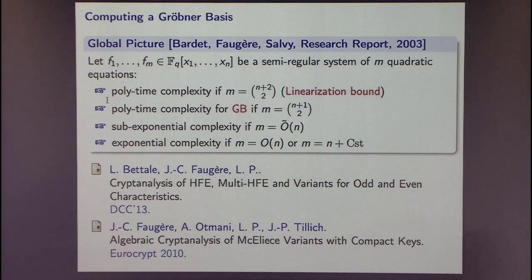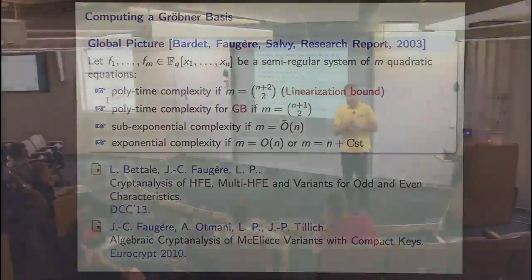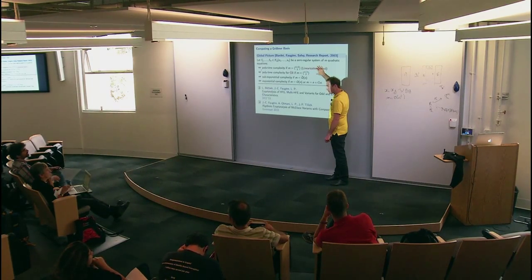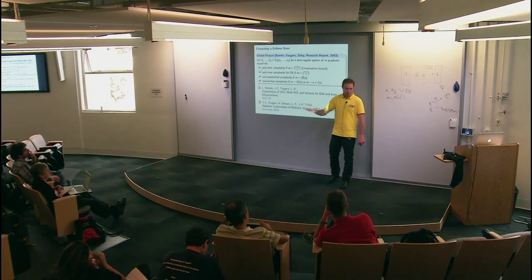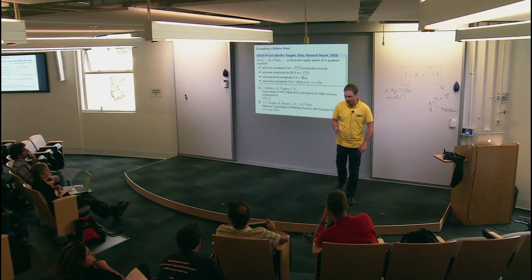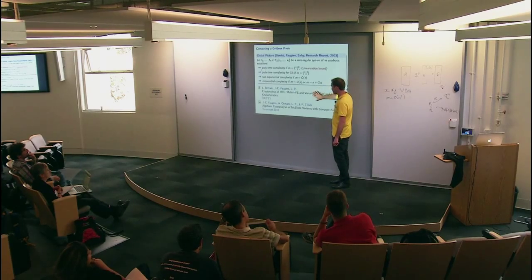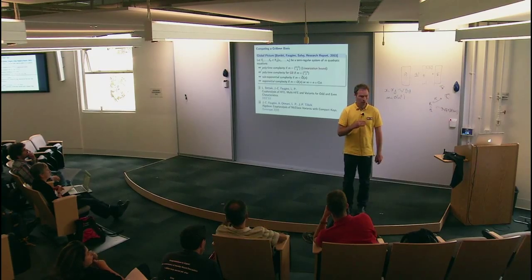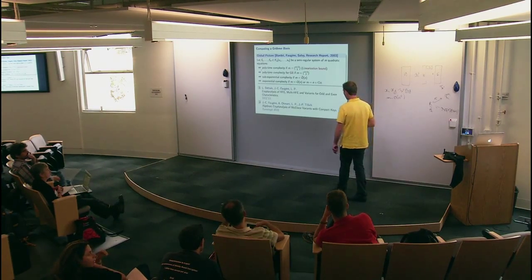Assuming that the system is semi-regular is kind of a worst-case assumption. Most of the time, if the system behaves like this, then we give up, which means that it's secure. The difference here is that the degree you are going to have is much smaller. Typically, if you have systems coming from HFE or multivariate schemes, then you know that the degree of regularity is going to be constant when you increase the parameters.